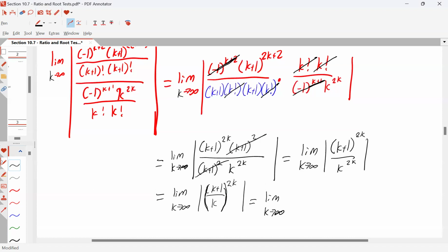And we can rewrite that k plus 1 over k to the 2k as k plus 1 over k to the k, squared. And we can drop the absolute value as we have gotten rid of anything that would be making this negative.